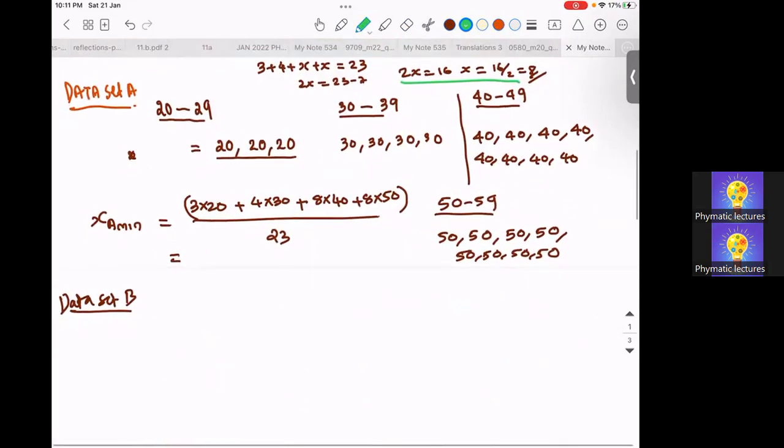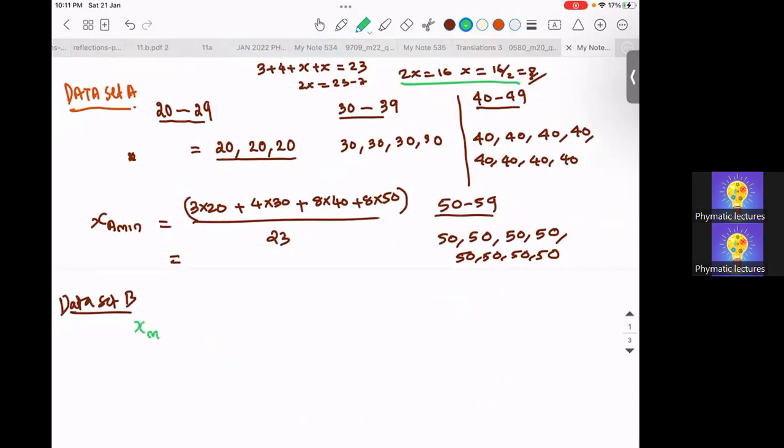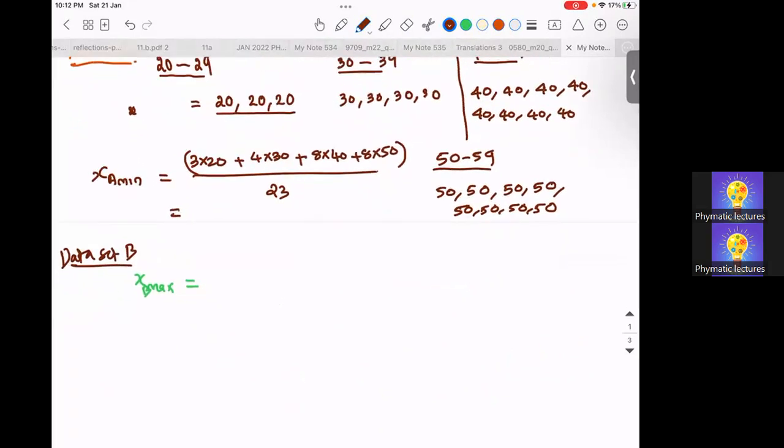But for data set B, we have to take the maximum value for the mean. So if you want the maximum mean, we have to take the maximum value in each interval. The first interval is 10 to 19, so the maximum value we should take is 19, which occurs 3 times.